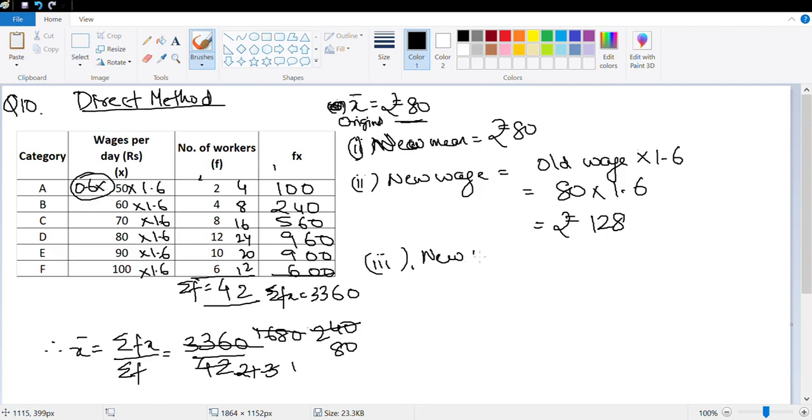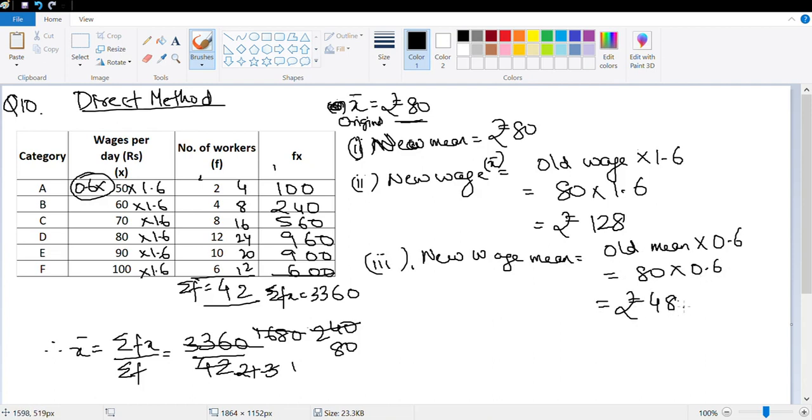So in this case, this is average, right? So the new wage mean will be equal to the old mean multiplied with 0.6. So that's 80 into 0.6. That's rupees 48. Perfect. Let's move on to the next question.